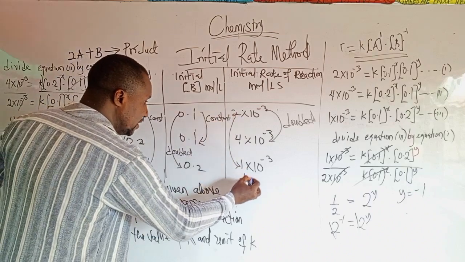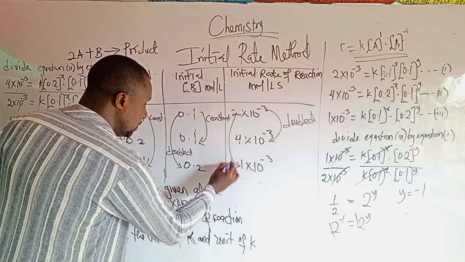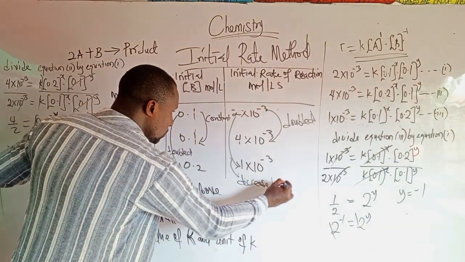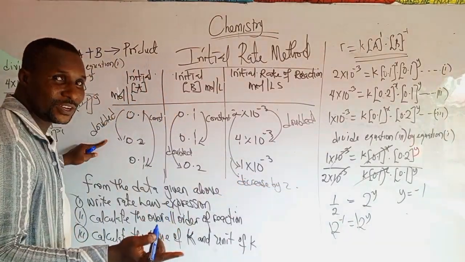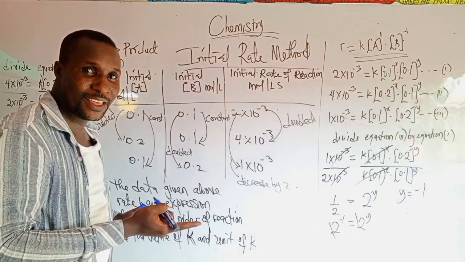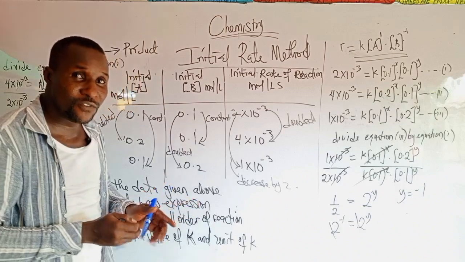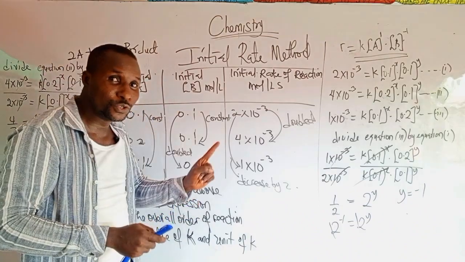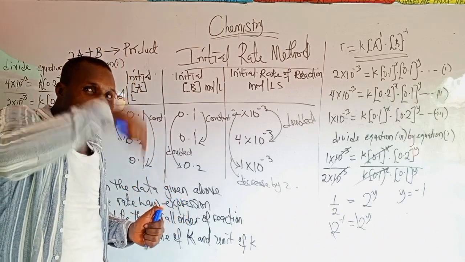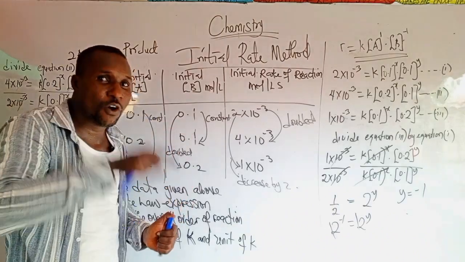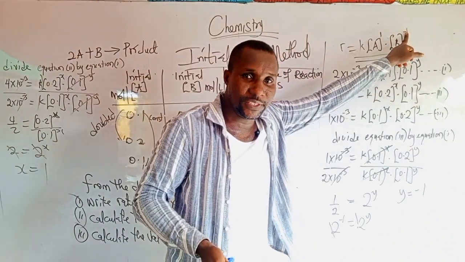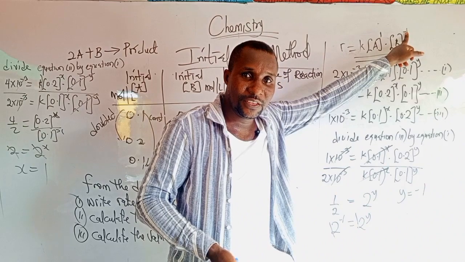It decreases by 2. What did I tell you under that? It will be inverse of first order. When concentration is doubled and rate of reaction decreases by 2, that is inverse of first order, which is raised to the power minus 1. You don't need to calculate.